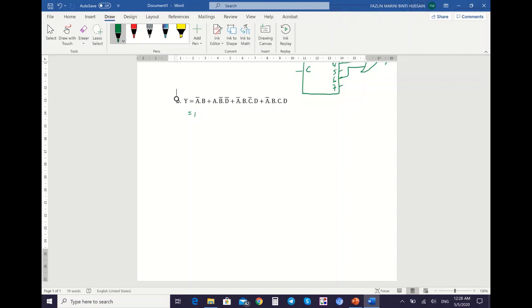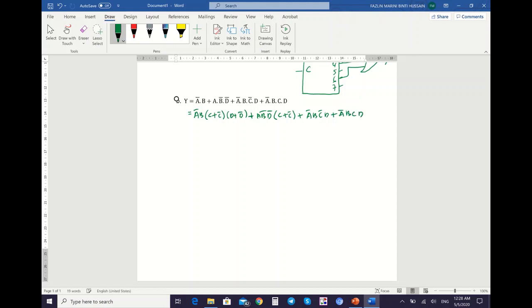For the first product term, you need to multiply with two variables because two variables are missing, C and D. So the first one you need to multiply with C plus C bar and also D plus D bar. For the second product term, A, B bar, D bar, multiply with C plus C bar. And the third, you just copy the value. The last one is also the same.